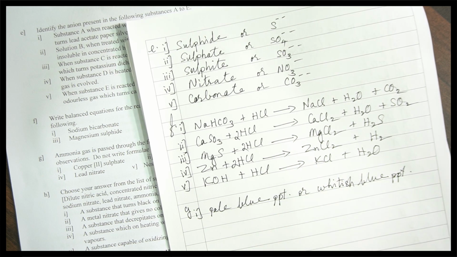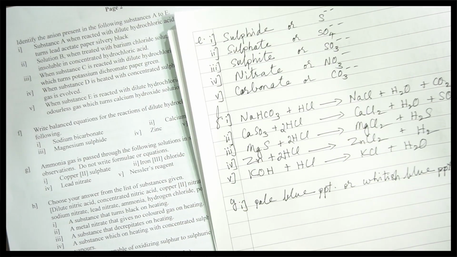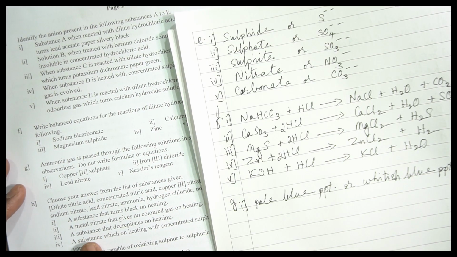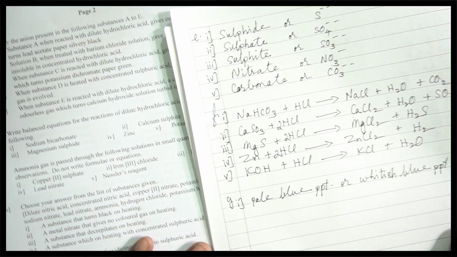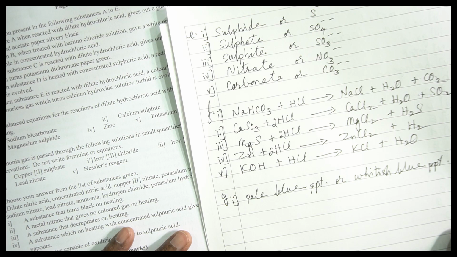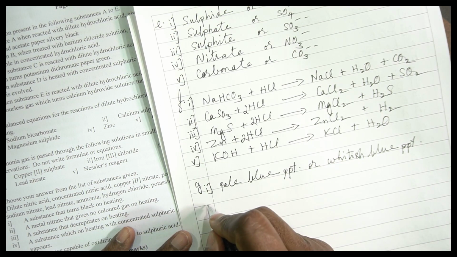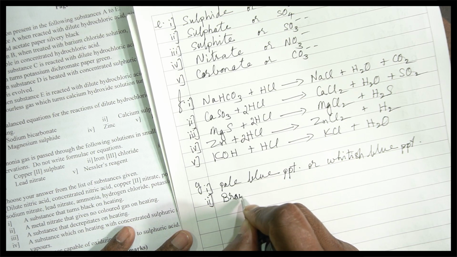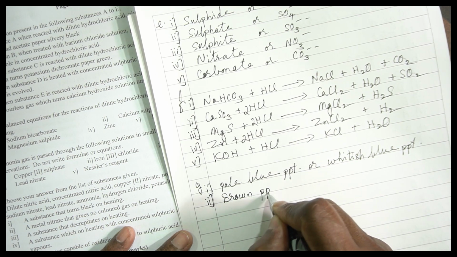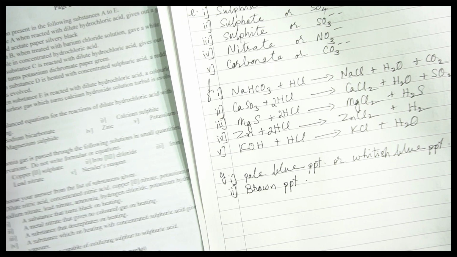Okay. Now the second part of the answer: here it says iron 3 chloride, that is FeCl3, with ammonium hydroxide, we know we will get a brown precipitate. That is the observation. We are not going to write anything else there, right?